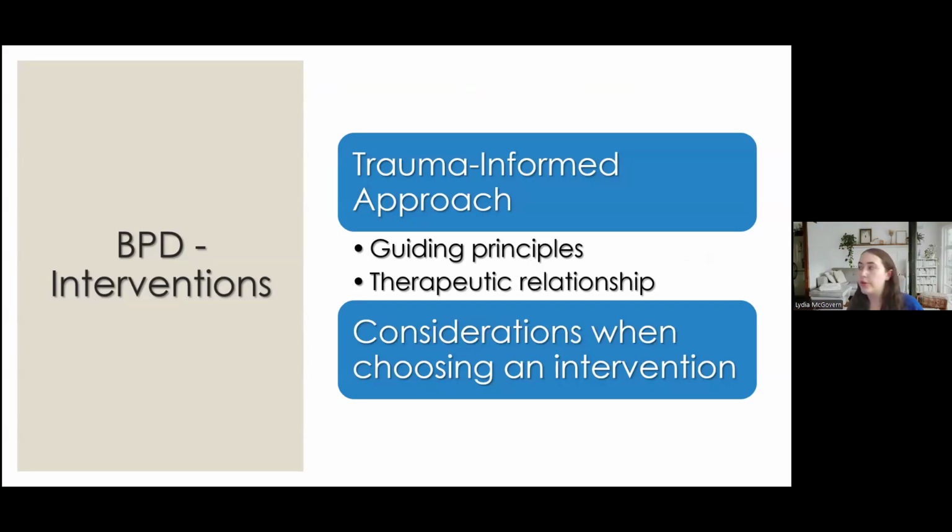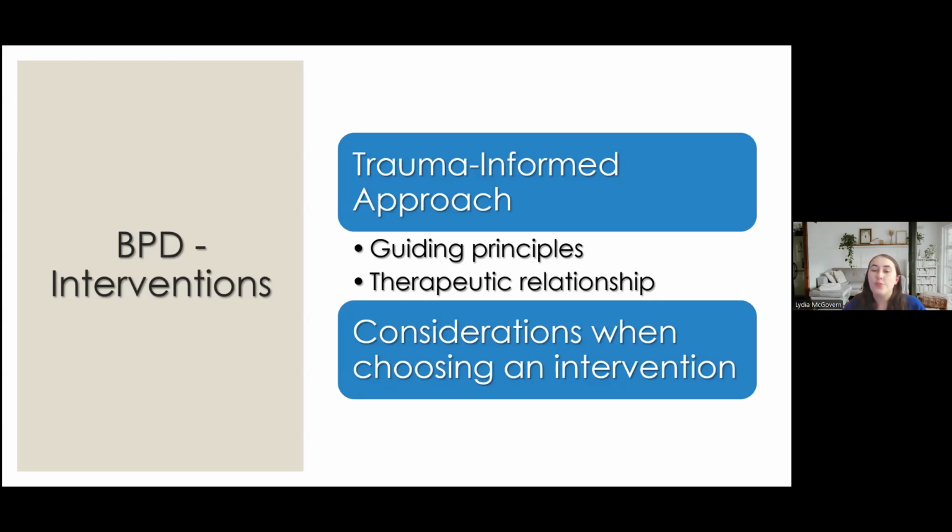So when we talk about interventions for BPD, the main thing in mind is that we want to use a trauma-informed approach. We know that people with BPD very often have a trauma background. Some guiding principles of a trauma-informed approach include safety, trustworthiness, having access to peer support, collaboration, empowerment, and being aware of cultural, historical, and gendered factors.